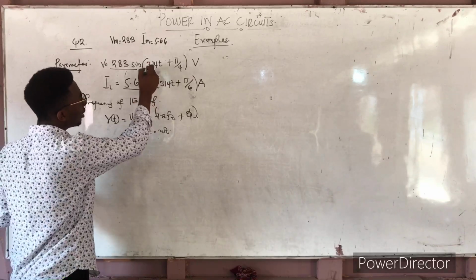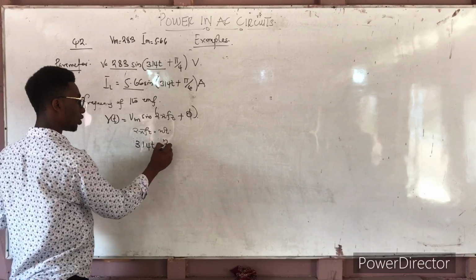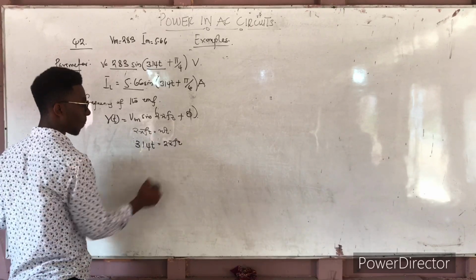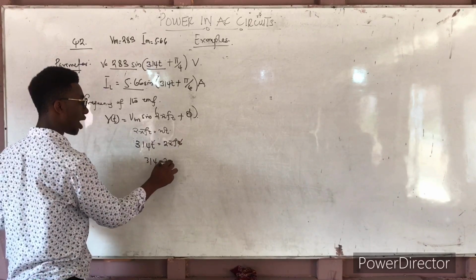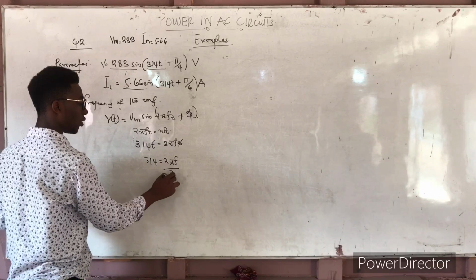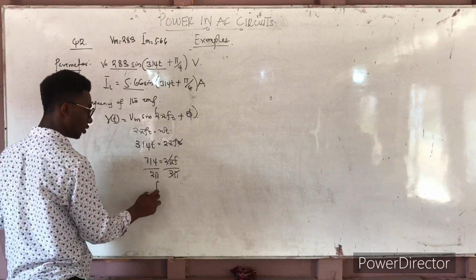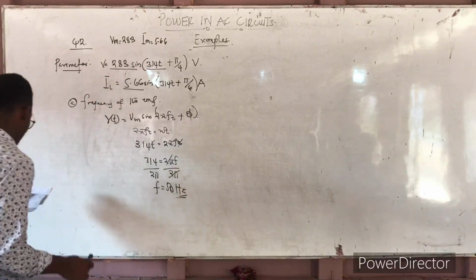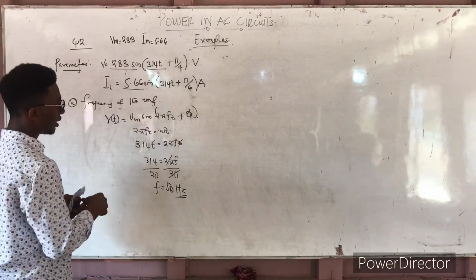So from here, we can say 314 is equal to 2 pi f, divided by 2 pi on both sides. When you solve this, you get a frequency of 50 Hz.